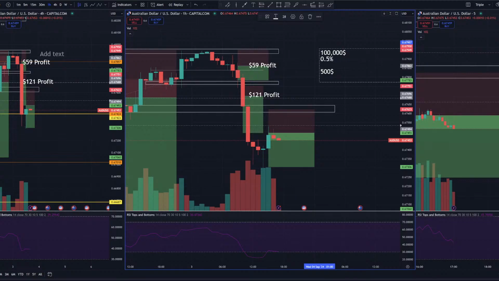With that account size and 0.5%, it's roughly around that daily after tax.